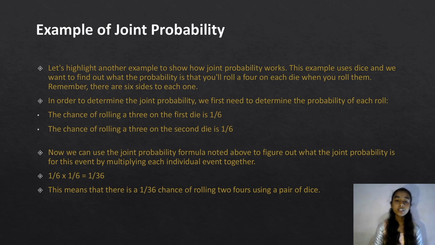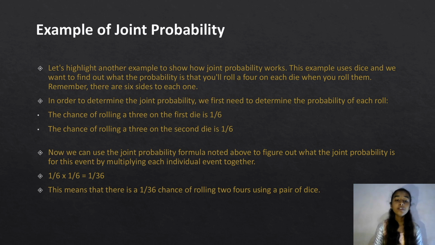In order to determine the joint probability, we first need to determine the probability of each roll. The chance of rolling a 4 on the first die is 1 by 6. The chance of rolling a 4 on the second die is also 1 by 6.